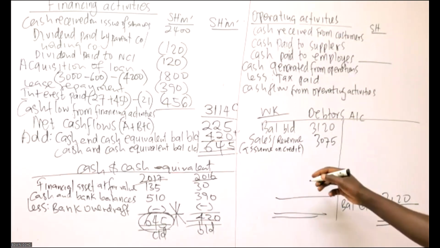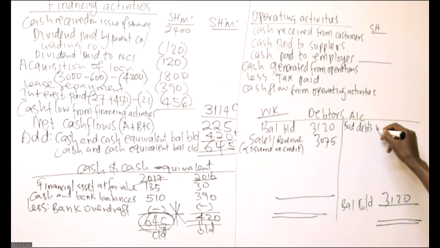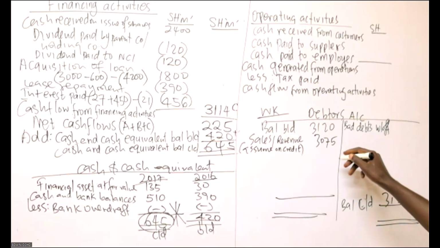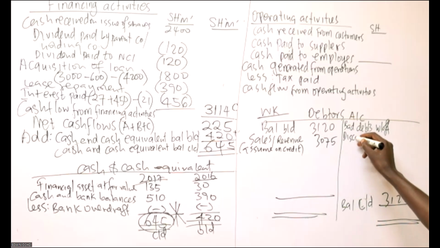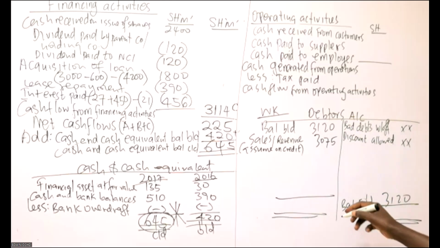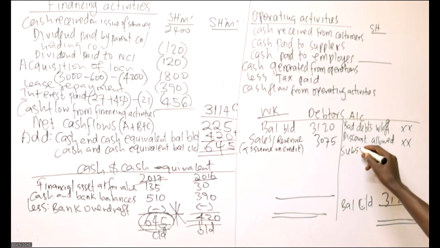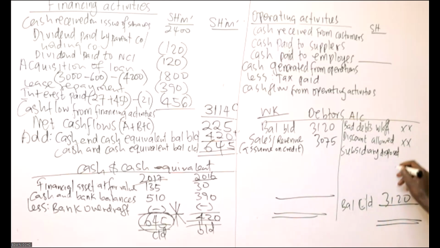What can reduce your debtors balances? We said bad debts written off. Discounts allowed. All of these are not present. And the only thing I will include here is trade receivables on the subsidiary disposed. There's a subsidiary that was disposed. So we deduct the debtors on that subsidiary disposed of 135.